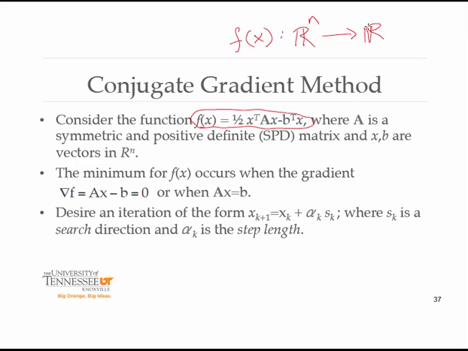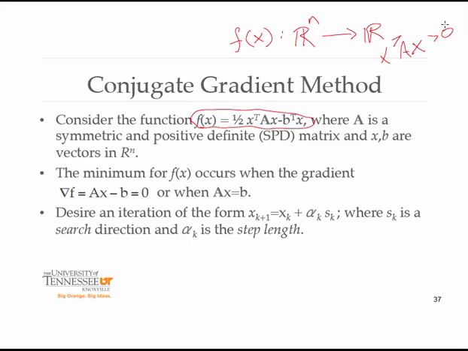Because you'll remember that one of the definitions of positive definite is that this particular form x transpose Ax will be strictly positive, assuming that the x vector is not 0, where all the components of the vector are 0. That's very important for this construction.